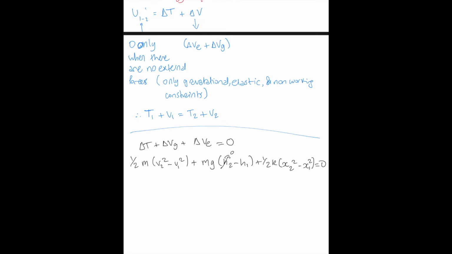h2 is 0. And then we just plug in what we know. We're going to multiply the elastic potential energy by 2 because there are 2 springs.